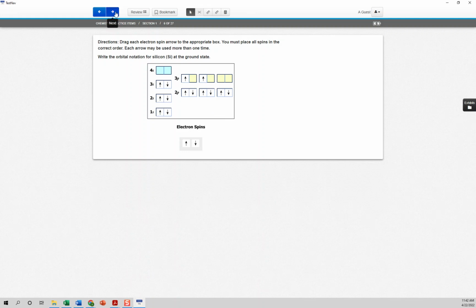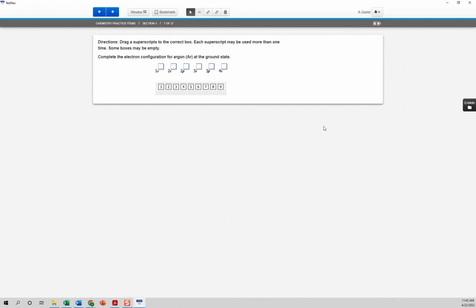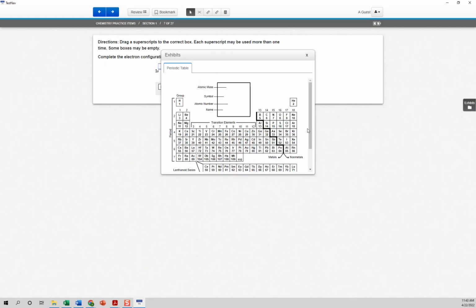All right, so moving on. We're doing another electron configuration, but this is the actual electron configuration and not the orbital diagram. So for argon, let's find argon. Argon is one of our noble gases. It's here. So it's going to be 1s2, 2s2, 2p6, 3s2, 3p6, and that's where we'll stop.